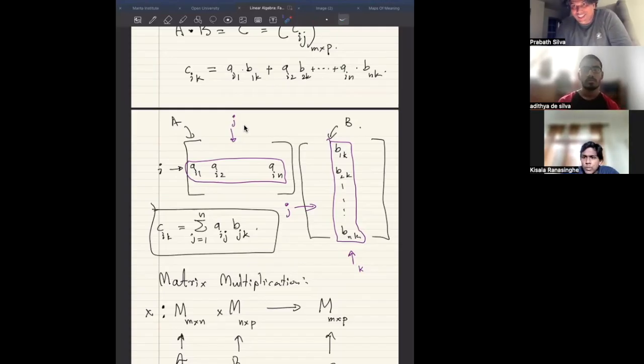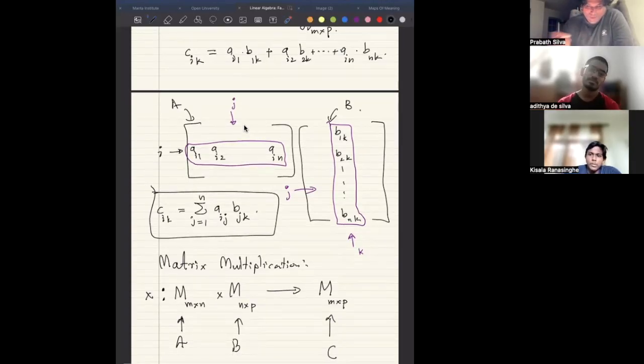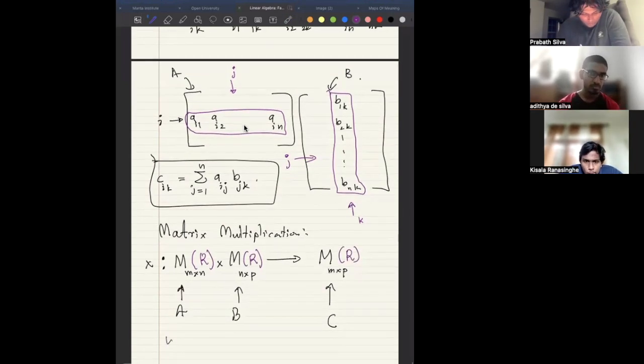Okay, good. So what's happening here? In really, we can define matrix multiplication in this way, where R is a ring.